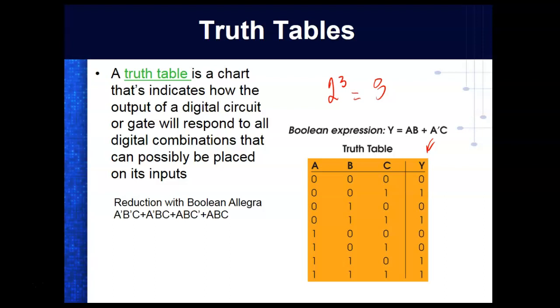And what we do is basically we just count. So this would be 0, 1, 2, 3, 4, 5, 6, 7. And that's what we put on the input. And then we put how the output would correspond to that. And then we develop an equation.